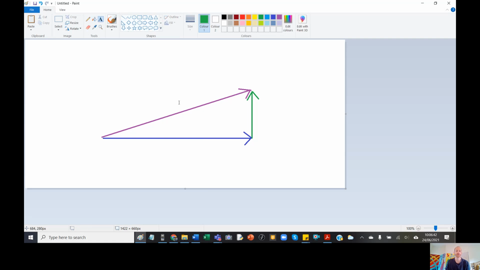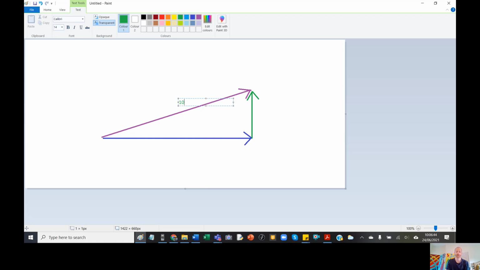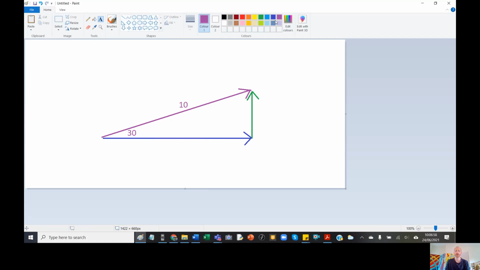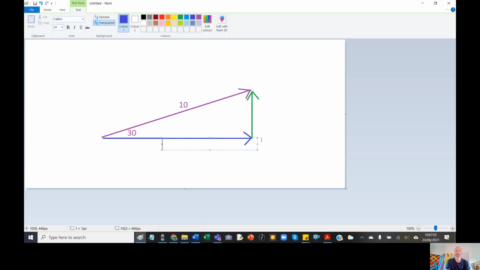If we've got a velocity in a particular direction, like 10 meters per second, and we know the angle, in this case 30 degrees, we can make use of that to calculate for ourselves the horizontal and vertical components. This is just a right angle triangle.